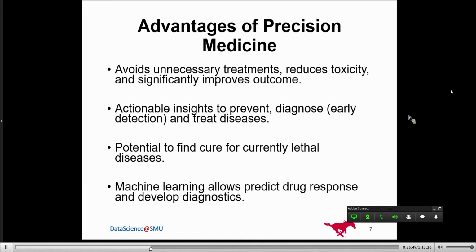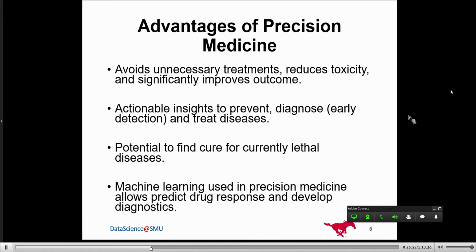Those actionable insights can also prevent, diagnose, and treat diseases. And there's potential to find a cure for currently lethal diseases. Also, we can use machine learning to predict drug response and predict diagnosis for cancers.